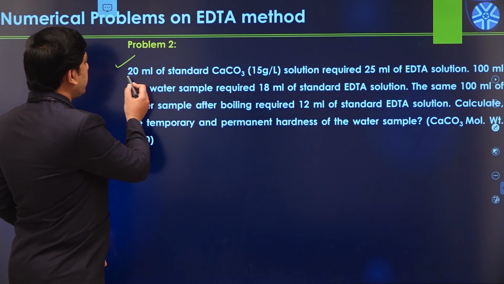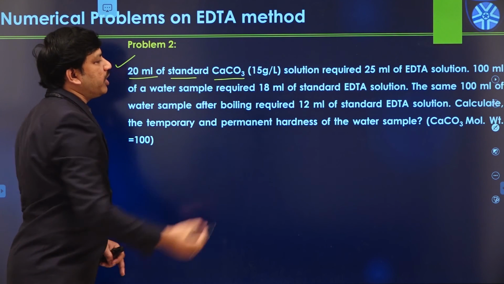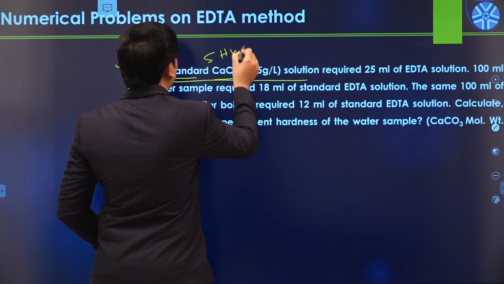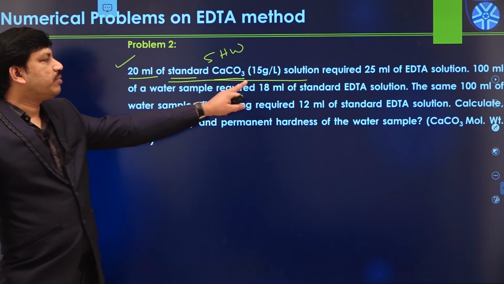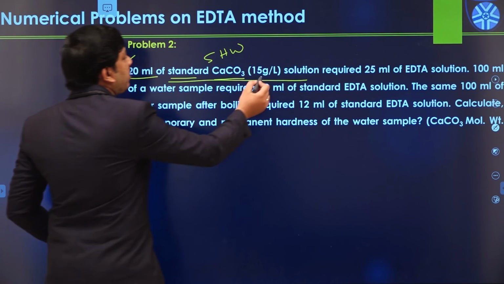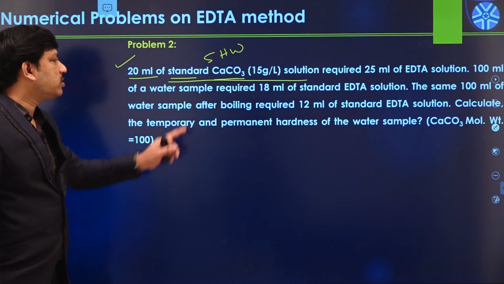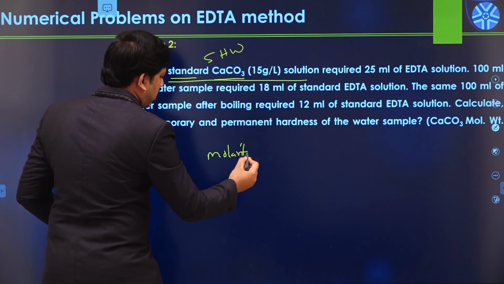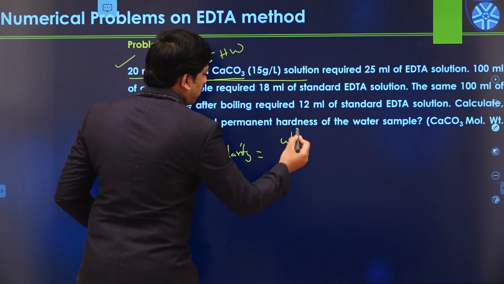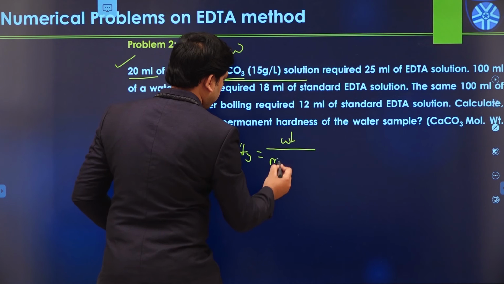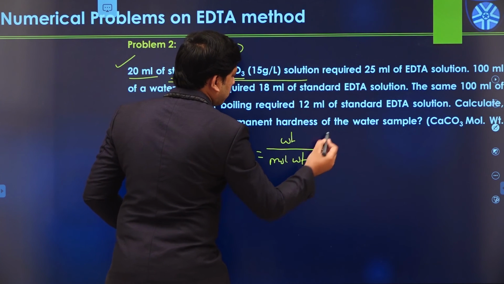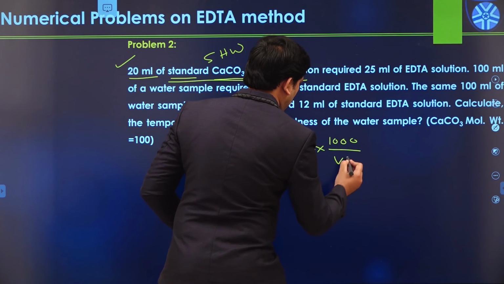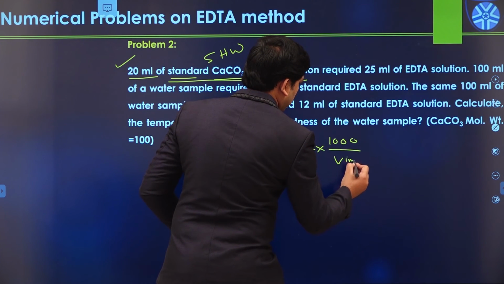Carbonate solution. This is nothing but standard hard water like in the previous case, but this time they have given 50 grams per liter. So what is the molarity formula? Molarity is equal to weight of the substance divided by molecular weight into 1000 by volume in ml.